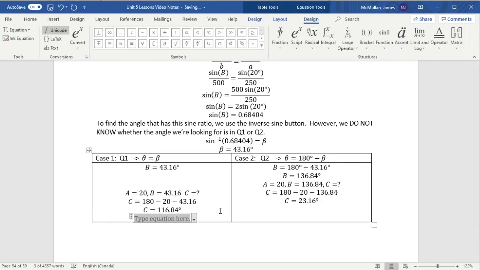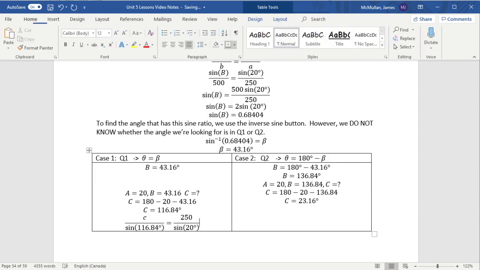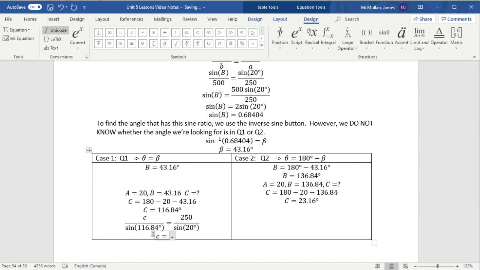Now, in this case, right? Let's finish the triangle this way, and then we'll come to a conclusion about the final answer. So we go C over sine C equals A over sine A, which was 250 divided by sine 20. Okay, and so we get the conclusion C is equal to 250 times sine 116.84 divided by sine 20.